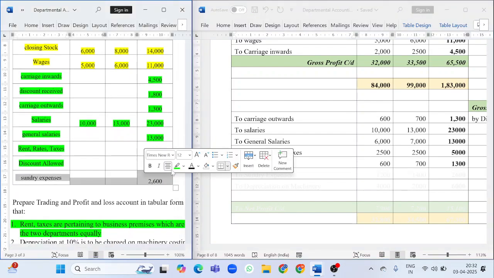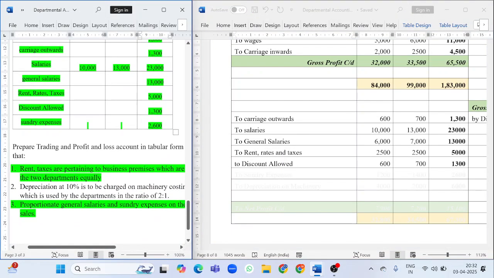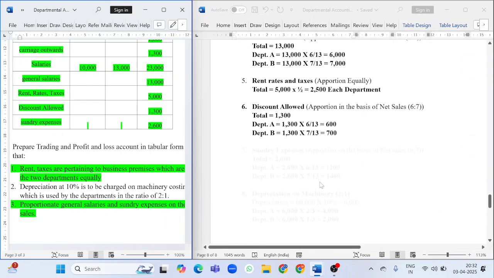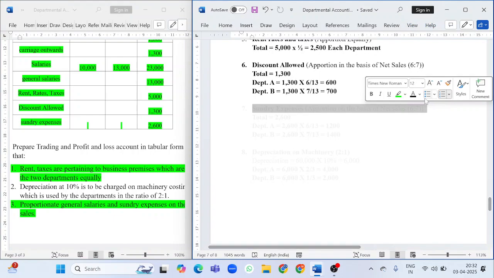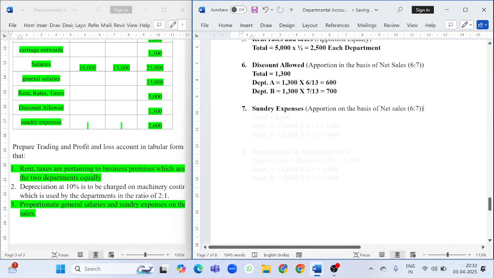Next we have sundry expenses. For sundry expenses we had an adjustment. Sundry expenses should be apportioned on the basis of sales. They have given it in the question, so we have to follow that only. On the basis of net sales we will be dividing. The ratio of net sales is 6:7. What is the total sundry expenses? The total is 2600. So let us apportion it.